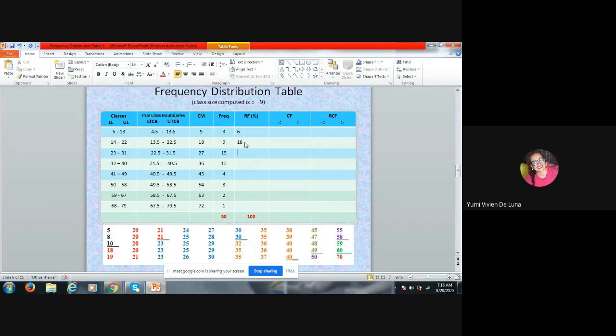Next, 15 divided by 50 times 100% will give us 30%. 13 divided by 50 times 100% will give us 26%. 4 divided by 50 times 100% will give us 8%. 3 divided by 50 times 100% will give us 6%. And 2 divided by 50 times 100% will give us 4%. And lastly, 1 divided by 50 times 100% will give us 2%.